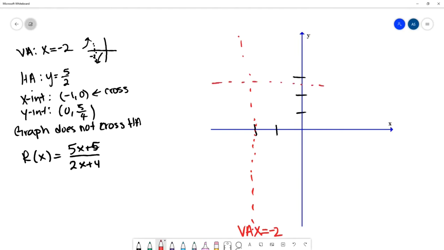The horizontal asymptote at y equals 2.5, or y equals 5/2. We have -1, 0 as an x-intercept, and 0 and 5/4. 5/4, that's going to be 1.25. So that'll be about right here.